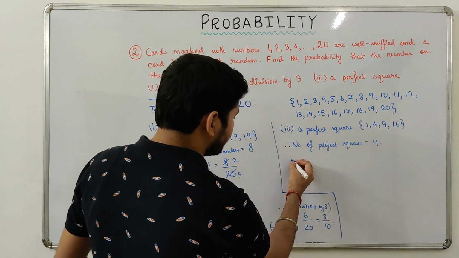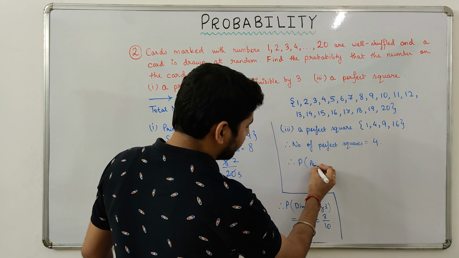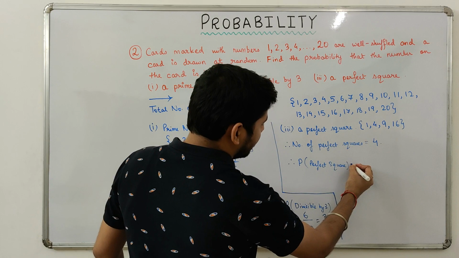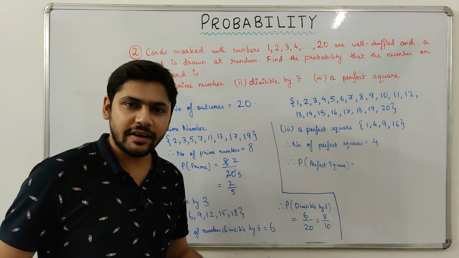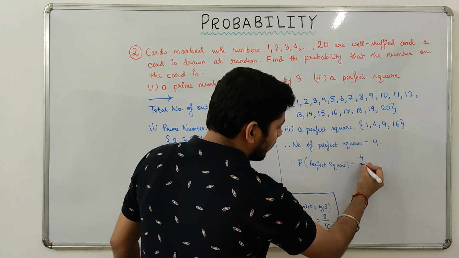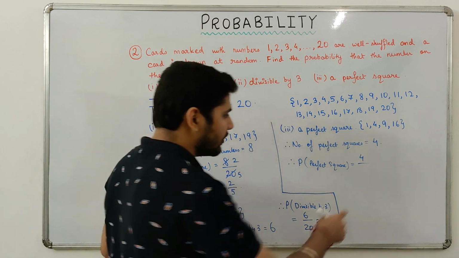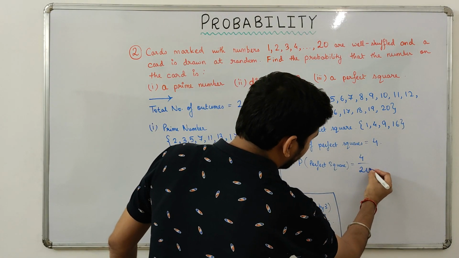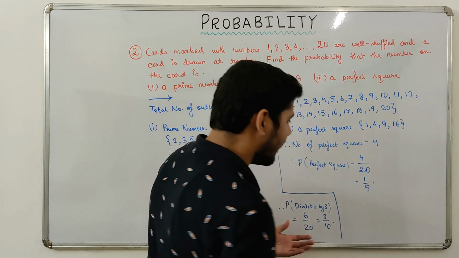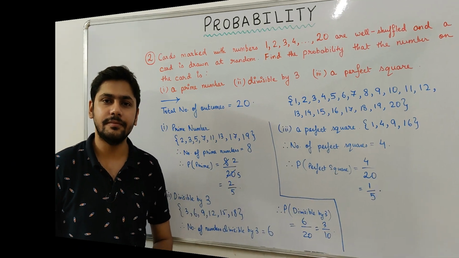Therefore, the probability of getting a perfect square is equal to the total number of perfect squares present between 1 and 20, which is equal to 4, divided by the total number of outcomes, which is equal to 20. So we have 4 by 20, which will come out to be 1 by 5, which is the answer. Simple. Now we'll move on to the next sum.